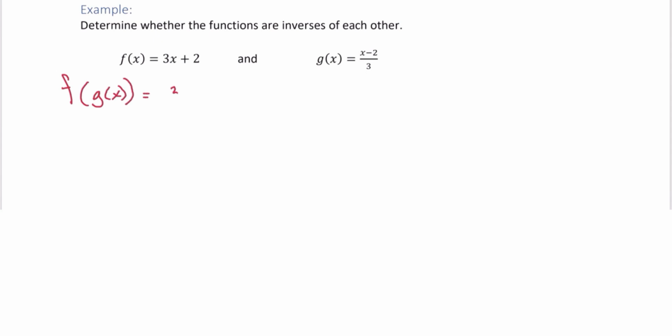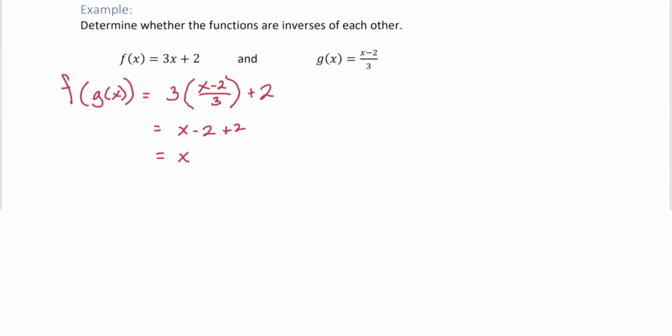That is 3 times x. We're going to replace x with g, (x minus 2) over 3. Then finishing off f, we have plus 2. If we distribute the 3, we get x minus 2 plus 2, and that is equal to x, which is what we wanted.